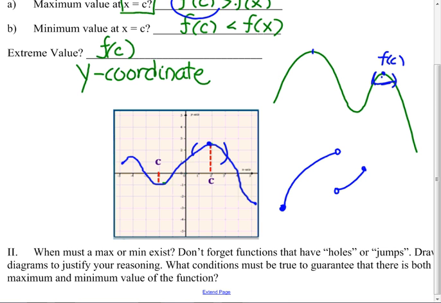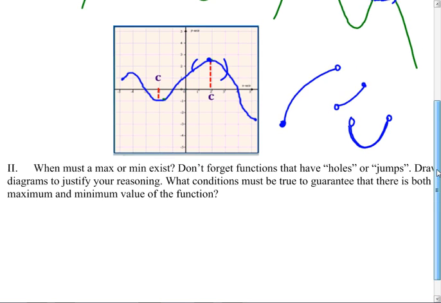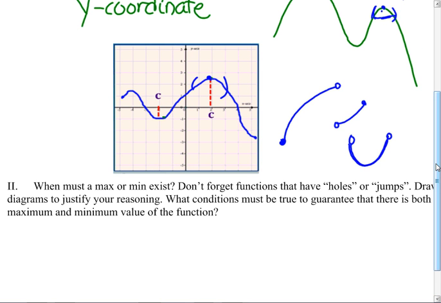I want to guarantee that I have an absolute maximum and minimum. So can you have a break in the graph? No. And also, if I do this, I'll do a little parabola. It has an absolute minimum, but does it have an absolute maximum? There's no holes in here. I want to guarantee an absolute maximum.